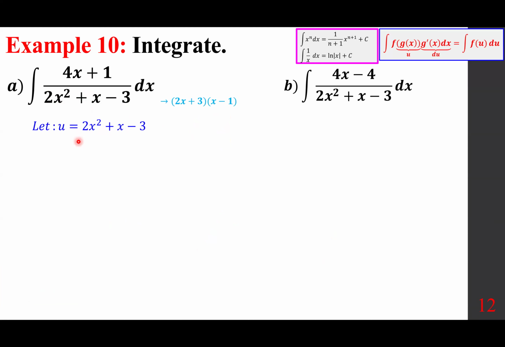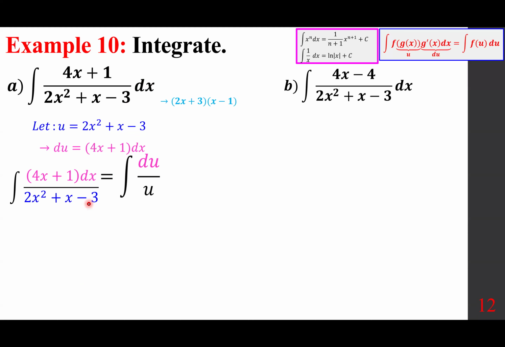And therefore, du is 4x plus 1 times dx. To make it clear what we are dealing with, we're going to put the dx next to the top. And by the way, please understand dx is never, ever a part of the denominator. This whole thing is du, and the bottom is u. And this is a simple case of a natural log.